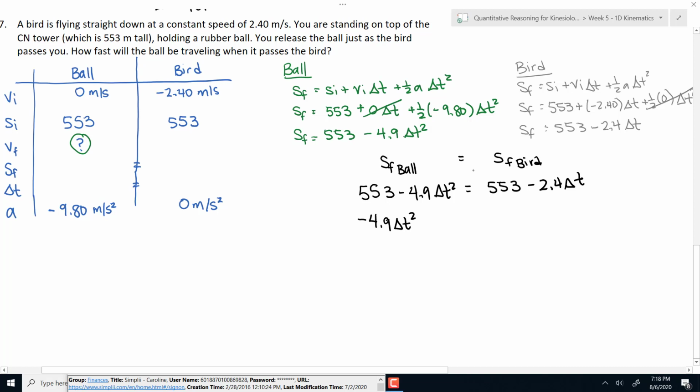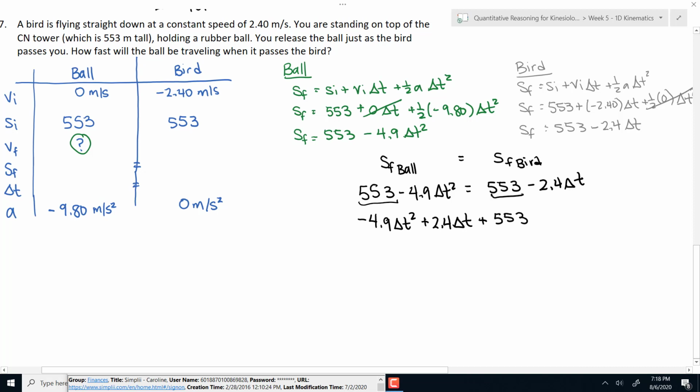We're going to move everything to one side, and we're going to go in order, starting with the squared term, then the not squared term, just the delta T, and then just the regular number. So next, I'm going to bring that negative 2.4 delta T to the other side of the equal sign to make it positive 2.4 delta T. And then I'm going to put my 553, that's still on the left side, so it's going to stay as positive 553.